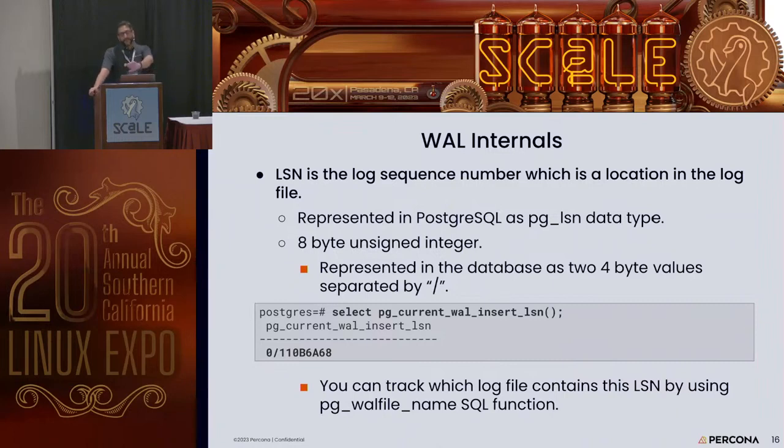It's a very insightful data type because it can provide you a lot of details in terms of how much data is being written to WAL. You can get the current LSN location through pg_current_wal_insert_lsn, but you can also get the file name and the location of that LSN within a file.